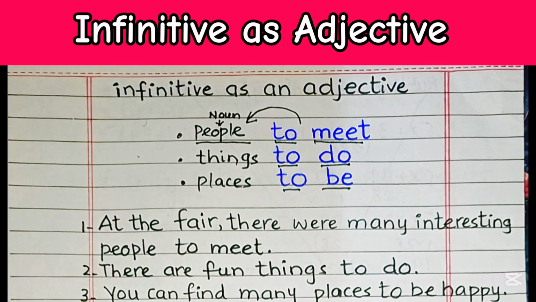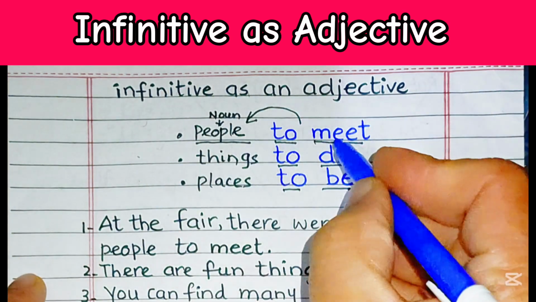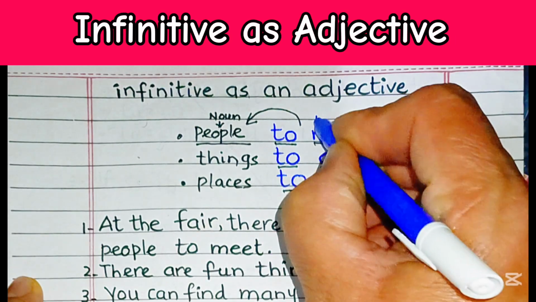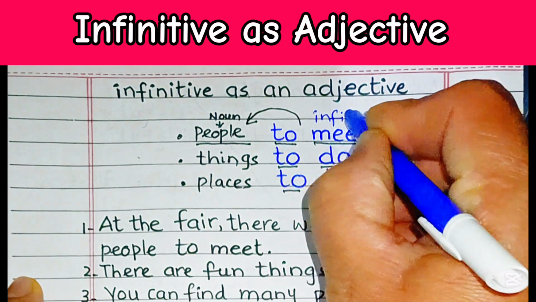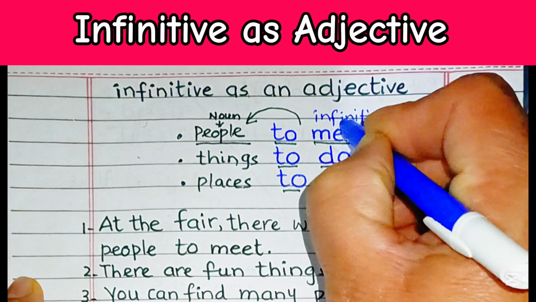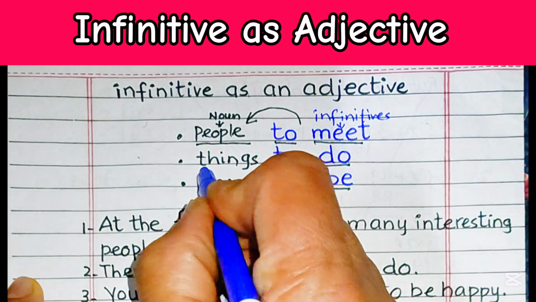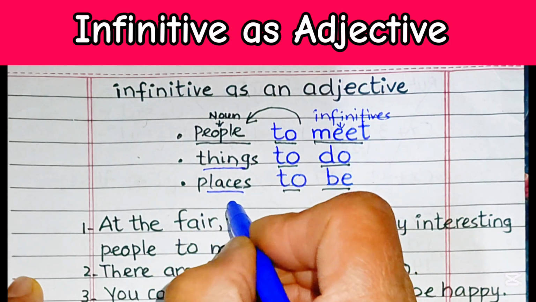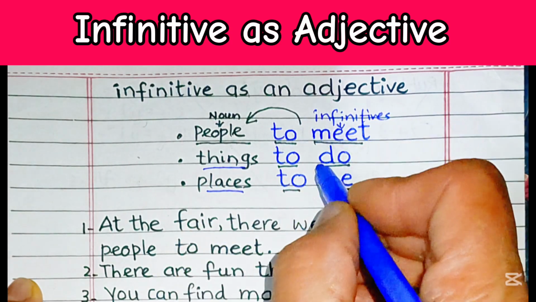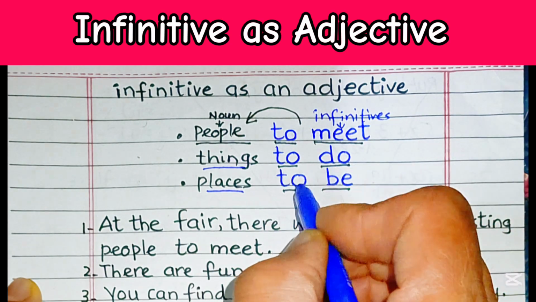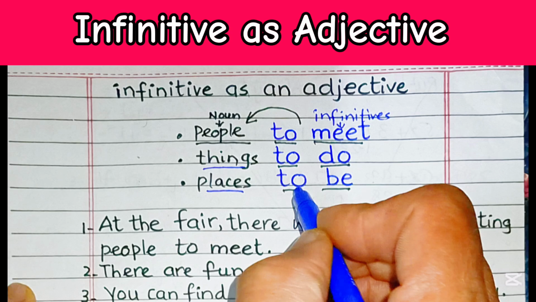So one thing is clear, that in these three examples, to meet, to do, and to be are infinitives which are modifying the nouns. So these infinitives are being used as infinitive as an adjective. So these are the examples.